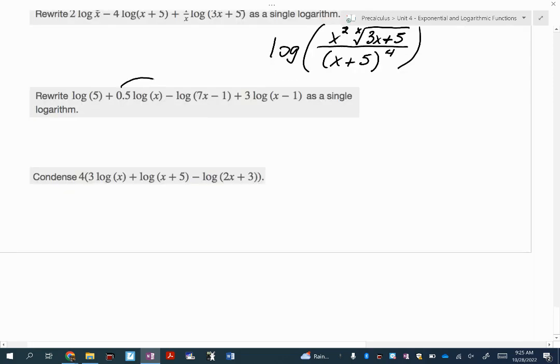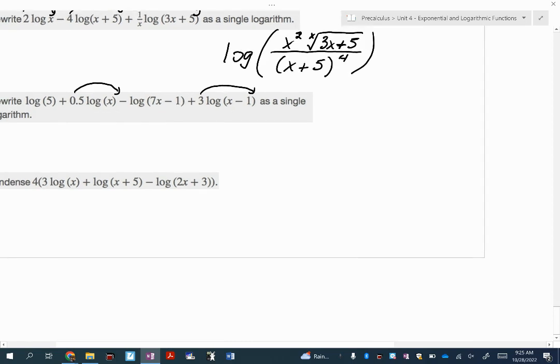Move some powers. x to the 0.5 power is just going to be to the 1/2 power, since 0.5 is 1/2. Another power as well. So let's write down our 1 logarithm. In the top, I'm going to have 5. In the top, I'm going to have the square root of x because of that x to the 1/2 power.